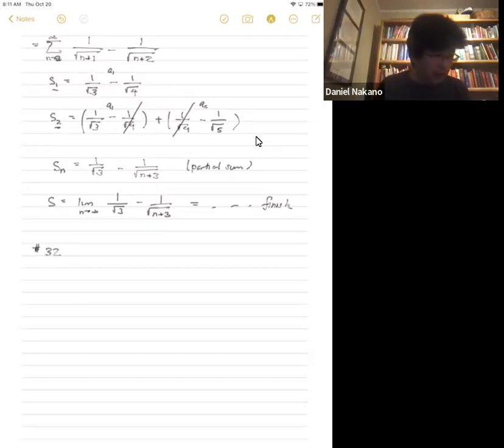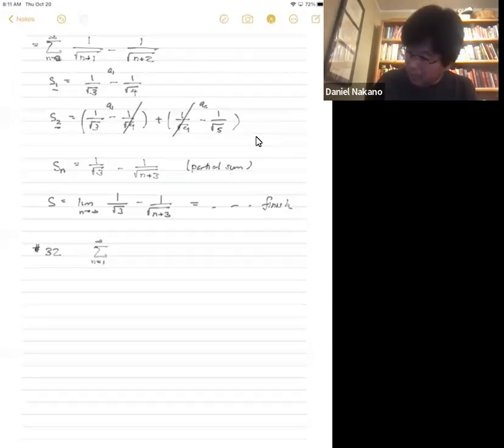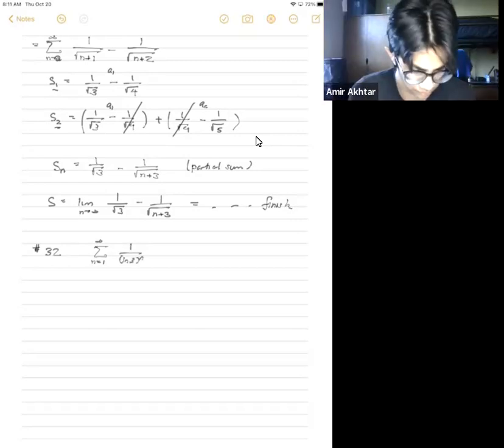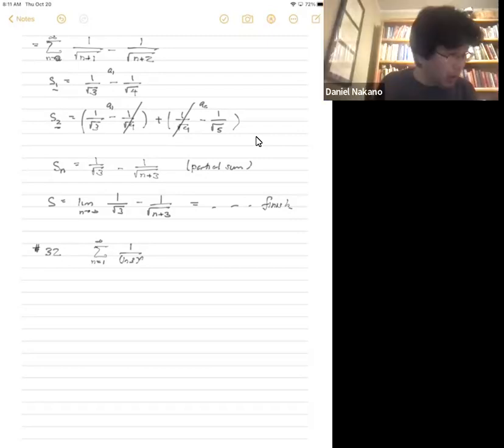All right, so you take the sum from, let's say, n equals 1 to infinity of 1 over the natural log of 3 to the n. Now, we want to know whether these converge or diverge.